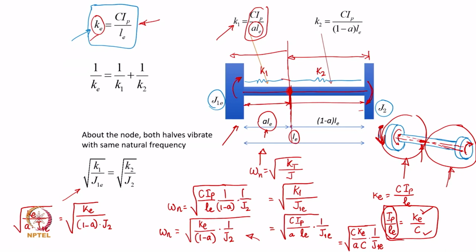So, the only unknown, that is A, I can find out by equating these two. Once you find A, you can put it back into this equation to find out the natural frequency value. So, this is how the natural frequency of this two mass system can be obtained, where the fundamental natural frequency is 0, the rigid body motion.